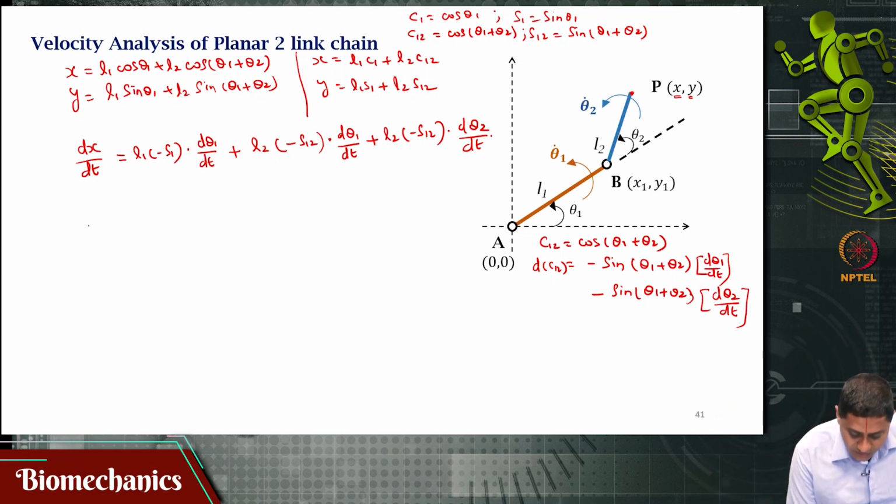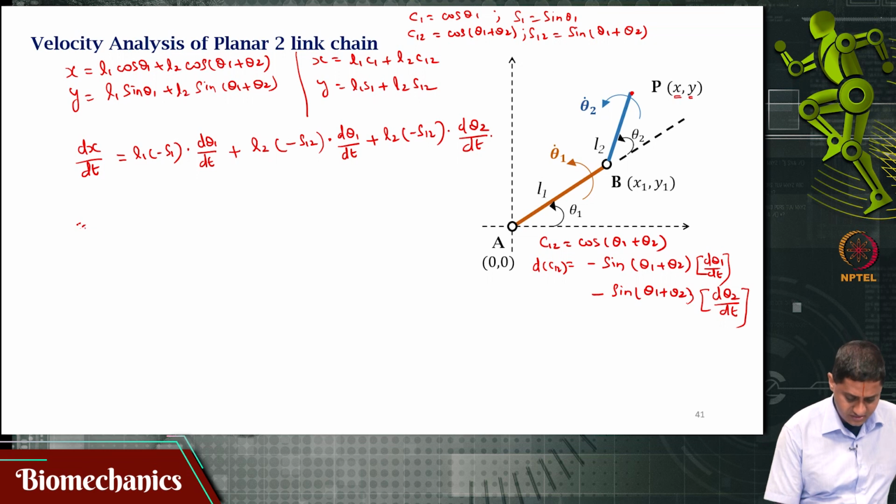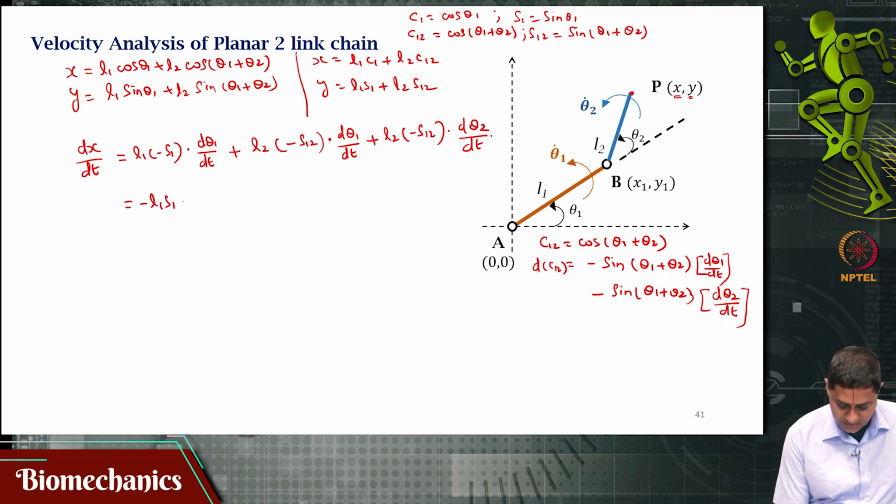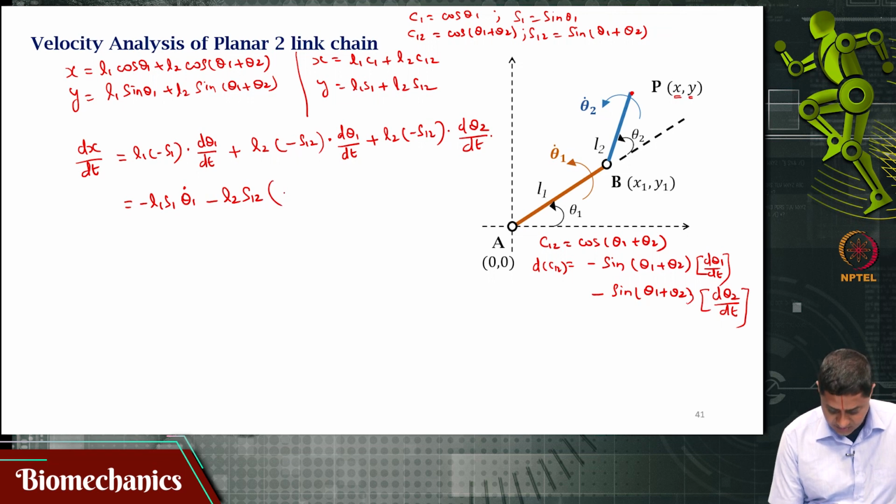Now, dy by dt. Let me rewrite this before I proceed to dy by dt. This is minus L1 S1 times theta 1 dot, minus L2 S12 times theta 1 dot, minus L2 S12 times theta 2 dot.